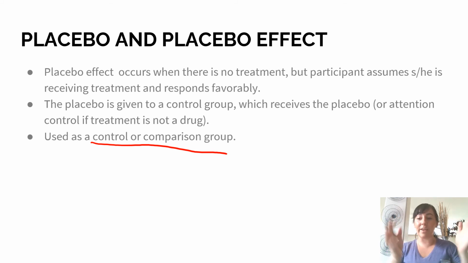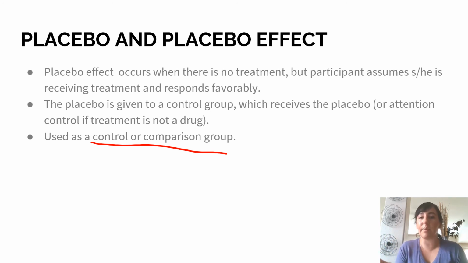They are going to be regular, they're like the zero group. Nothing. And the reason it's so important to have that group is because you need to be able to compare the experimental group to something.